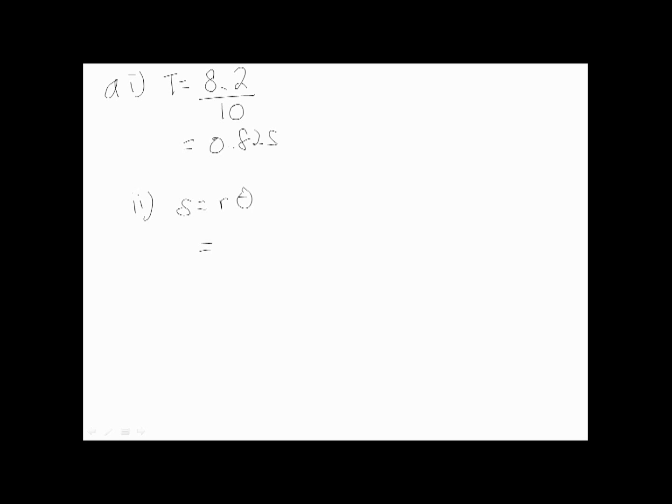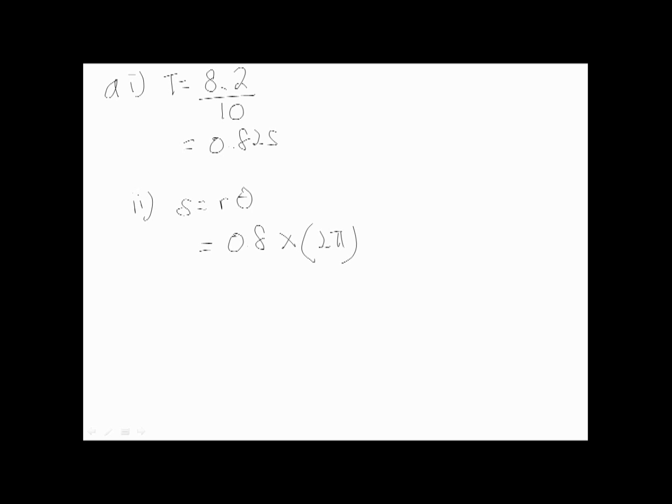The question gives 80 cm, but we must calculate in SI units, which is 0.8 meter. You have to convert it. Now, times the angle traveled by the stone. For one revolution, the angle traveled by the stone is 2 pi, which is 360 degrees.